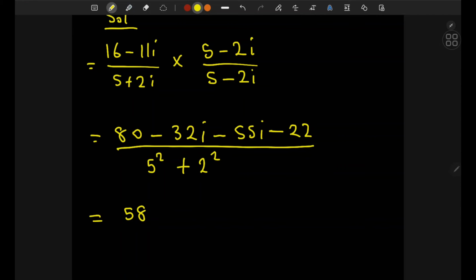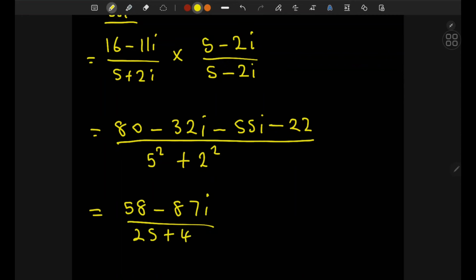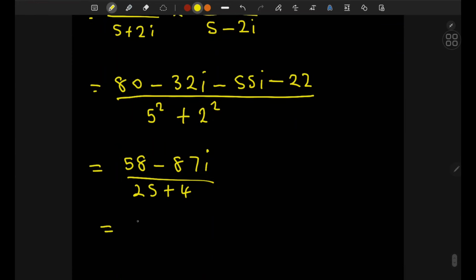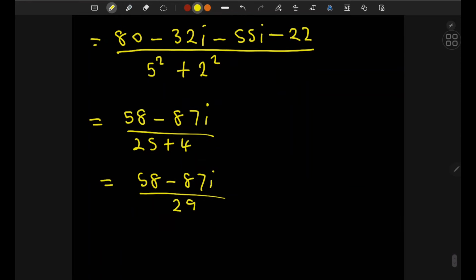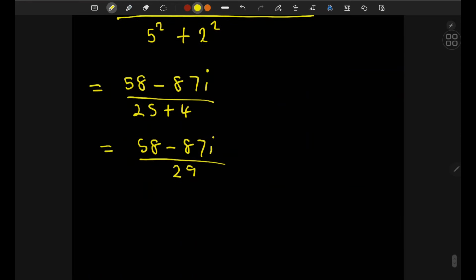Negative 32i minus 55i will give us negative 87i over, so 25 plus 4 below. Then simplifying the denominator again, we'll have 29.